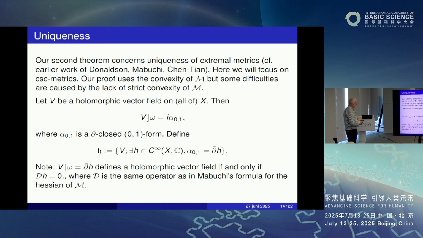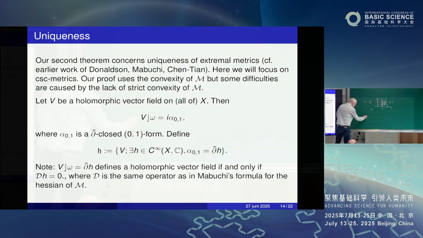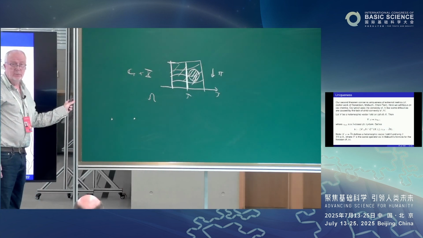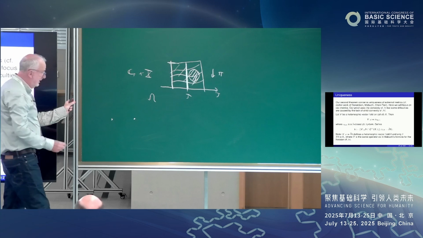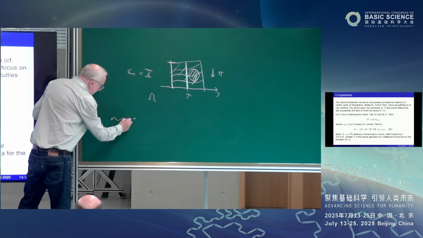So now that we have the convexity, I want to prove uniqueness. So let's say that we have two metrics of constant scalar curvature. Here is one, and here's another one, and they lie in Mabuchi space. So I connect them with a generalized geodesic. It goes like this.